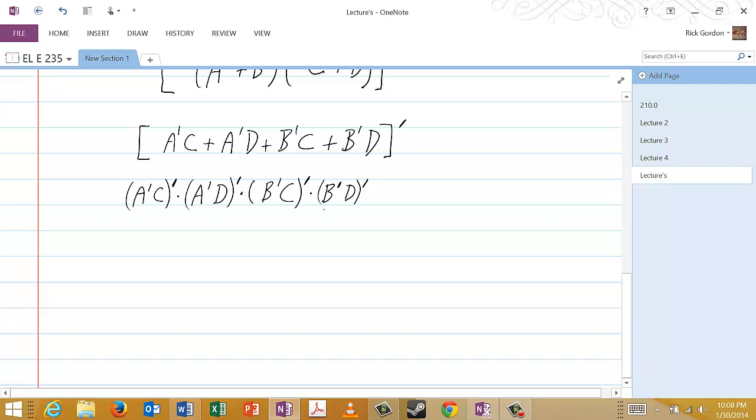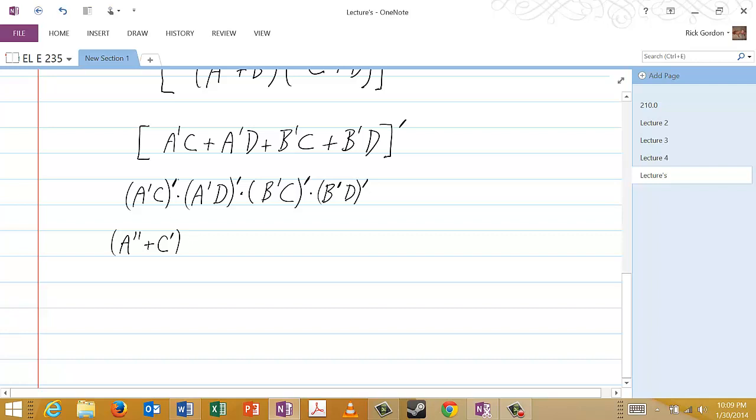And now, as our final step, we want to use De Morgan's theorem to simplify each one of those terms. And of course here we have, in each one of them, the complement of a product. Just like here we have the complement of the product A complement C. So the complement of a product, remember, is the sum of the individual complements. So we have A complement or C complement.